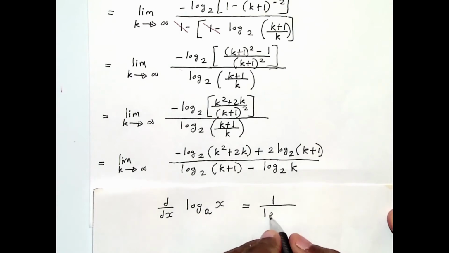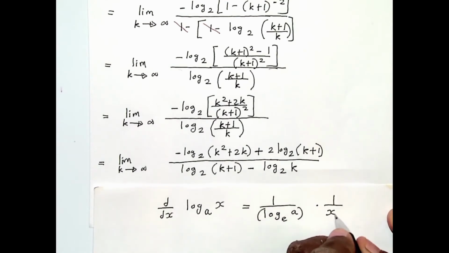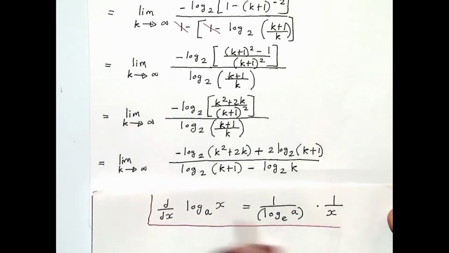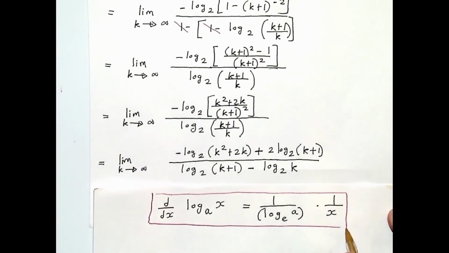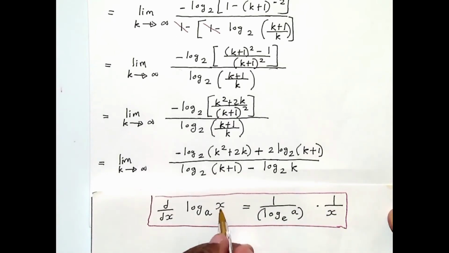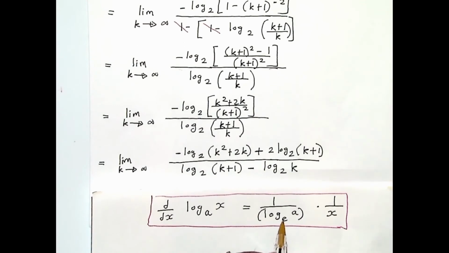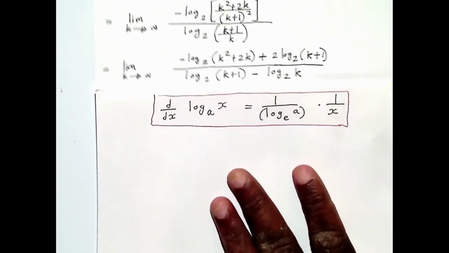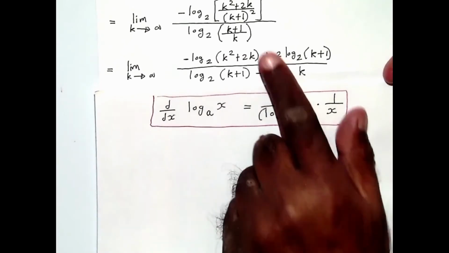In case you don't know this, you may want to note the formula. The derivative of log to the base a of x with respect to x is 1 divided by log of a to the base e, times 1 divided by x. I'm going to use this formula to differentiate this and this.